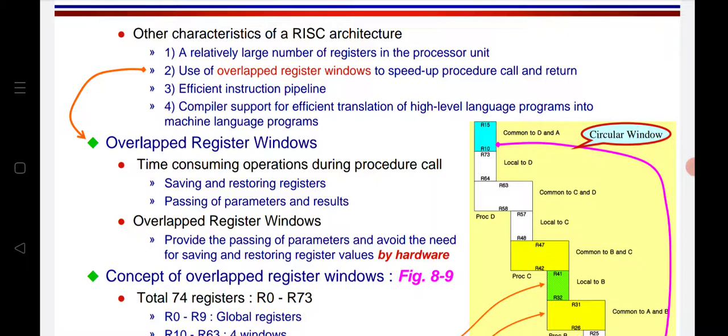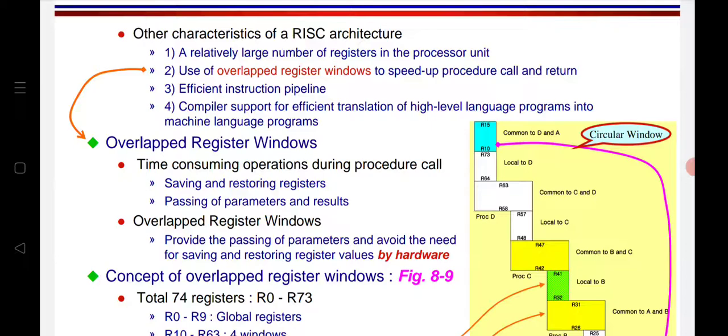We will see what an overlap register window is in a few seconds. It also has an efficient instruction pipeline, and compiler support for efficient translation of high level language programs into machine language programs.